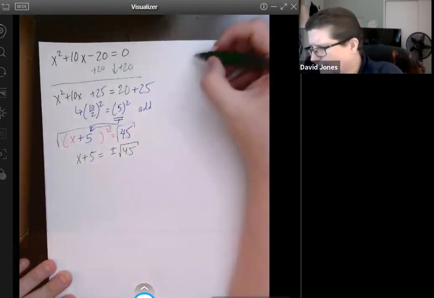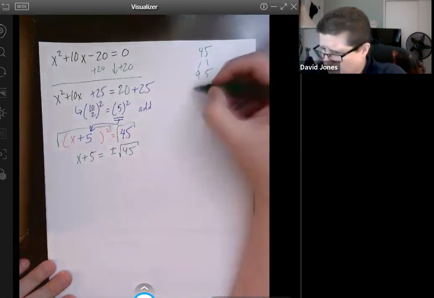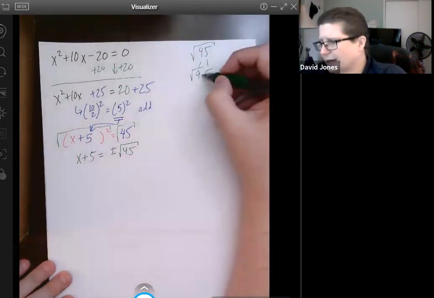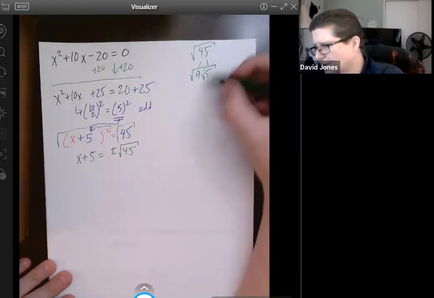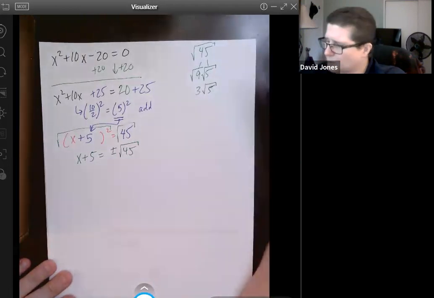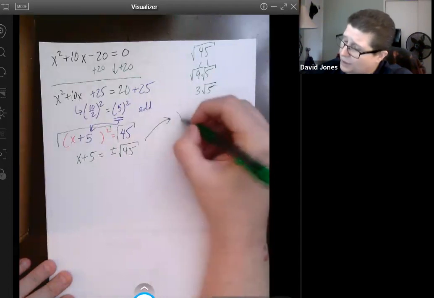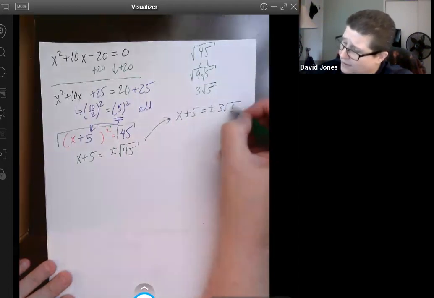And let's see, 45 is 9 times 5. So the square root of 45 is the square root of 9 times the square root of 5. The square root of 9 is 3. 5 is a prime number, so we'll leave it like that. So this is x plus 5 equals plus or minus 3 root 5.